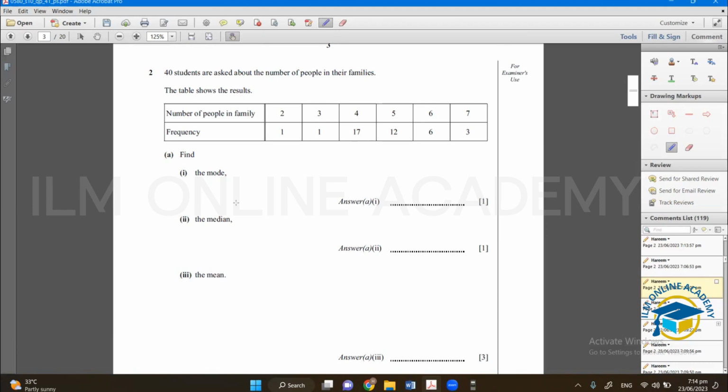So what we have to do is find the mode. The mode is the value against the highest frequency number.